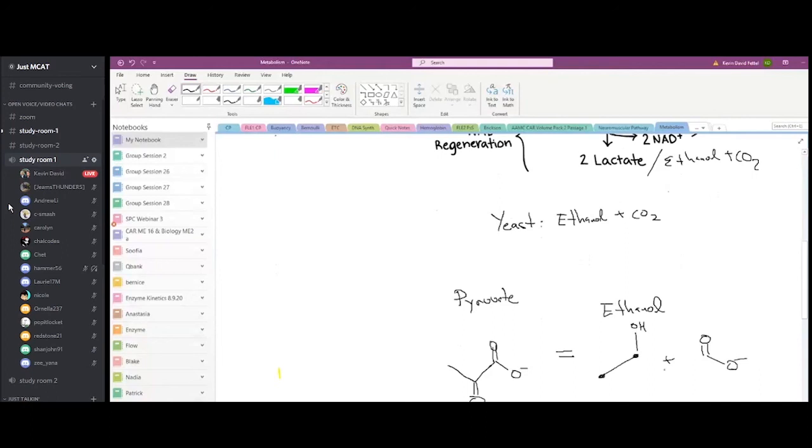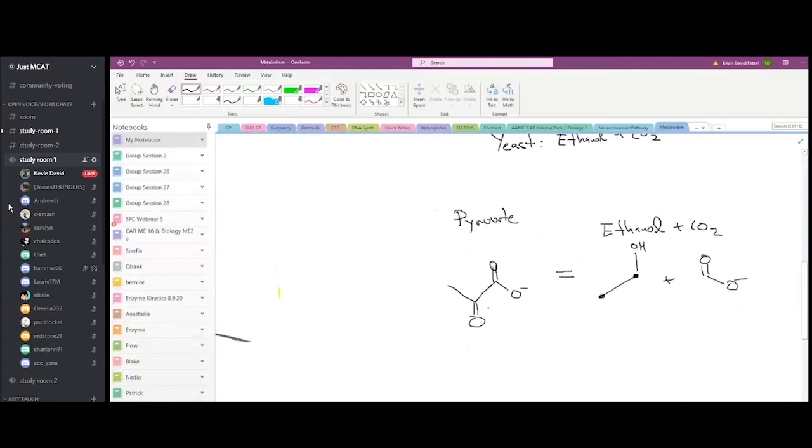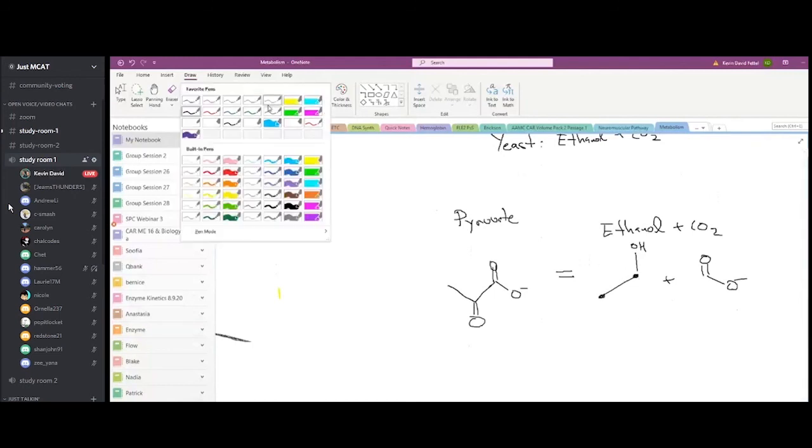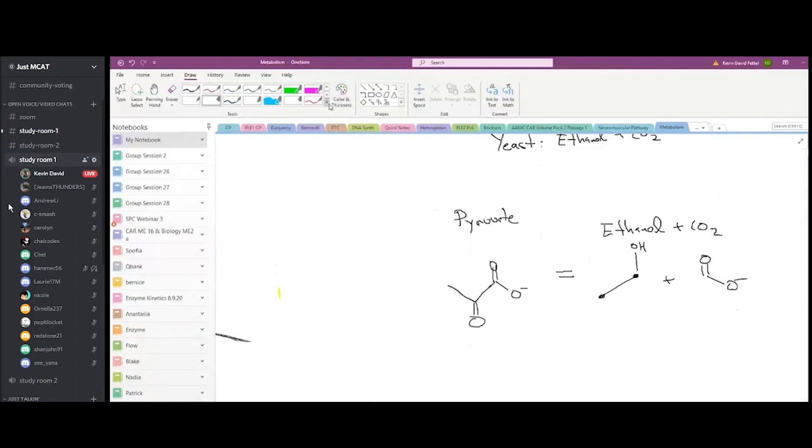There's your CO2. And then you just got to combine it. Here's a little trick: you just got to oxidize this OH group into a ketone group. Make sure to oxidize the alcohol group to a carbonyl.